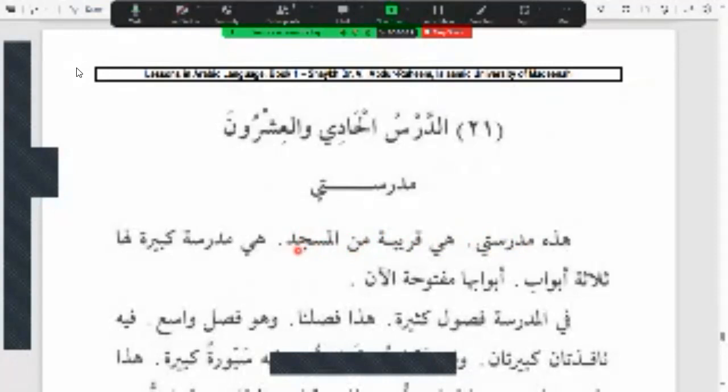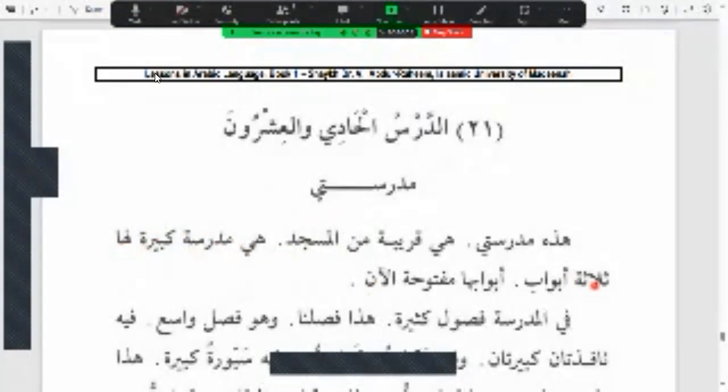We put a kasra here, say min al-masjid. So you've got a kasra here. Here madrasatun kabiratun. Why kabiratun? Because madrasatun is muannath, ta marbuta. So this is a na't of this man'ut. So you've got mubtada and khabarun na't.